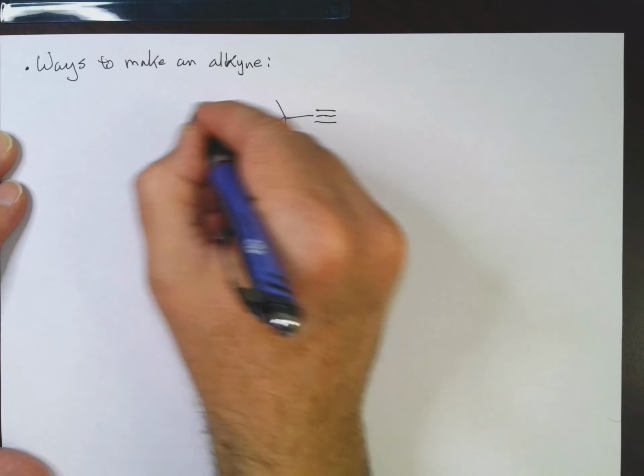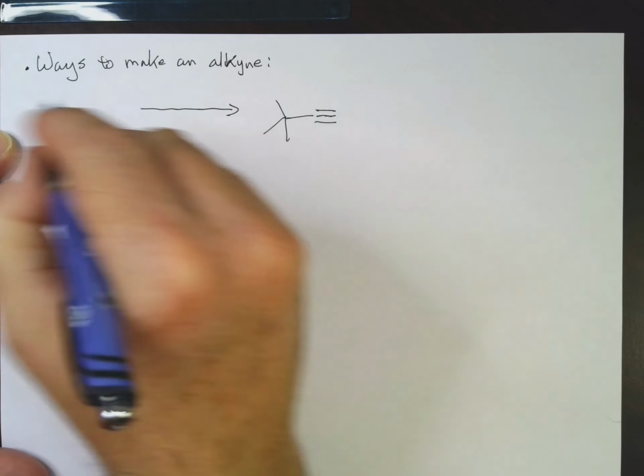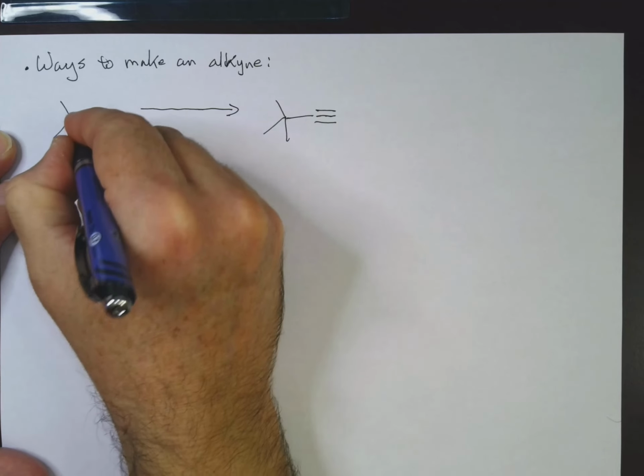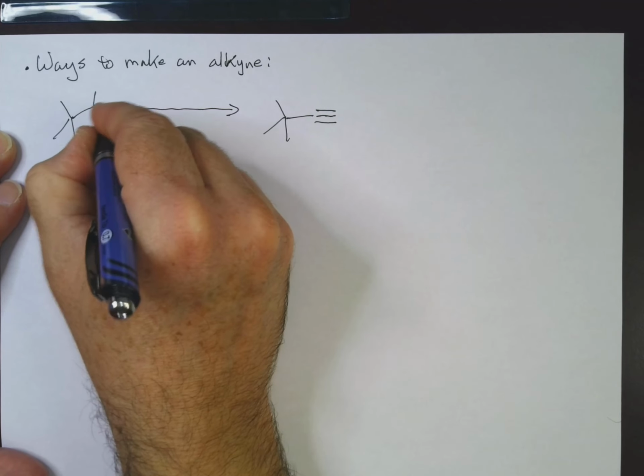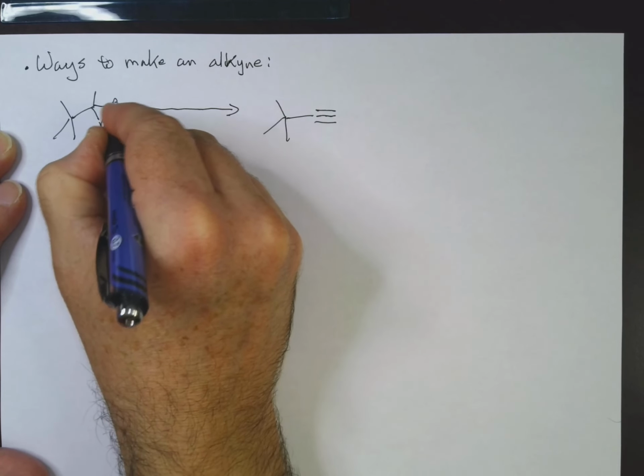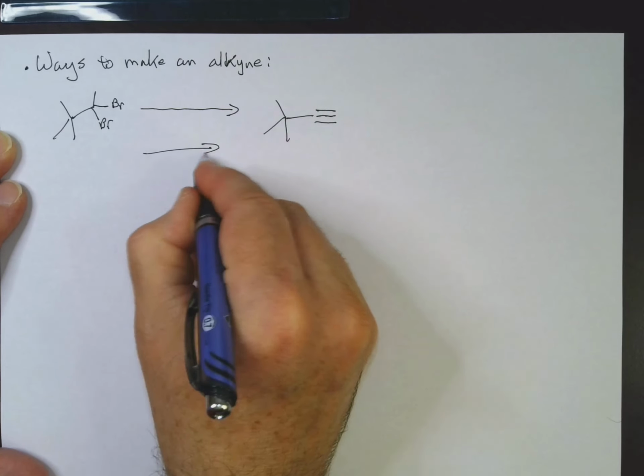Well, all the ways that we've seen involve elimination from a dibromide.